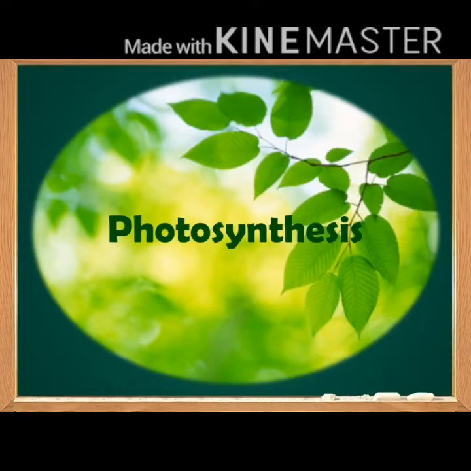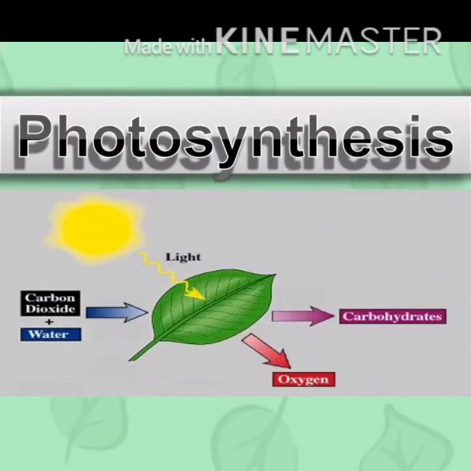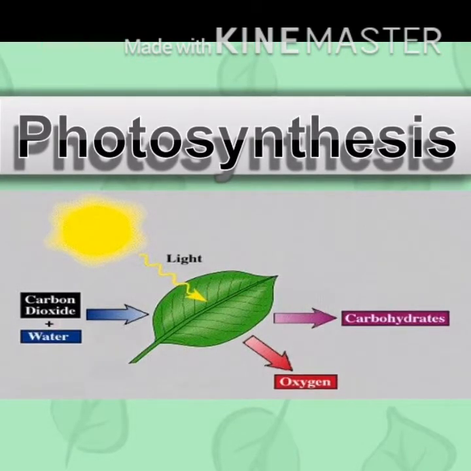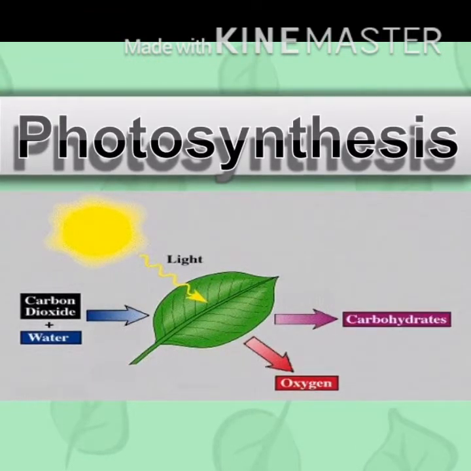Thus, the process of photosynthesis starts with the trapping of sunlight by chlorophyll. Sunlight is trapped by chlorophyll and a chemical reaction takes place in the chloroplast, in which carbon dioxide and water are converted into food in the form of glucose.